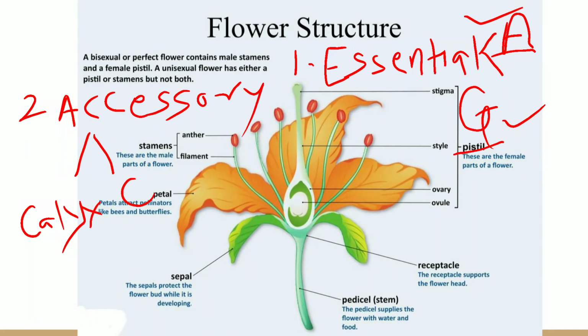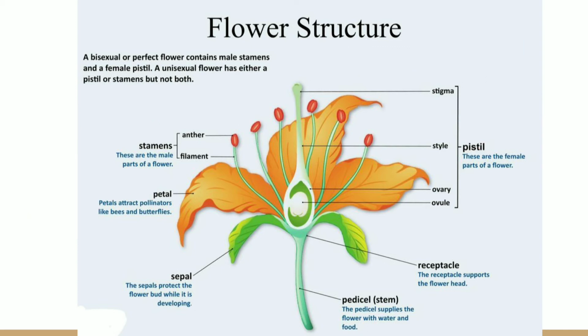So essential whorls are androecium and gynoecium, and accessory whorls are calyx and corolla. Androecium consists of one or more stamens, whereas gynoecium consists of one or more pistil or carpel. So either you say pistil or say carpel.